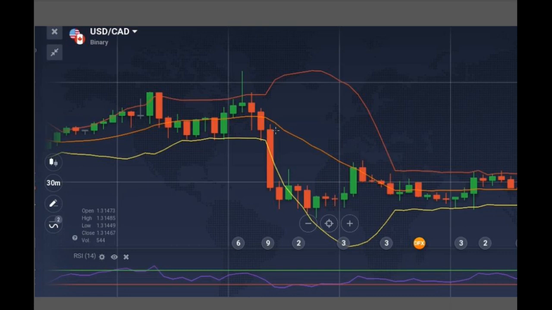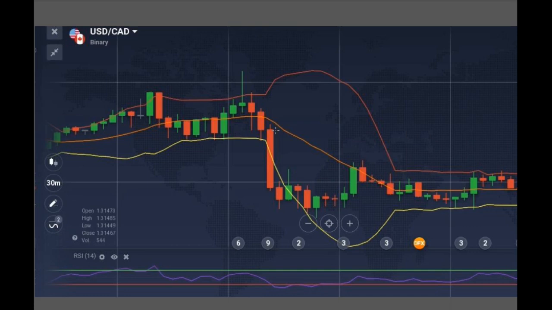So it either tells you if there's a transition or a transmission of momentum. The Marubozu is informing you that there is a strong momentum in the market, either to the upside or to the downside.